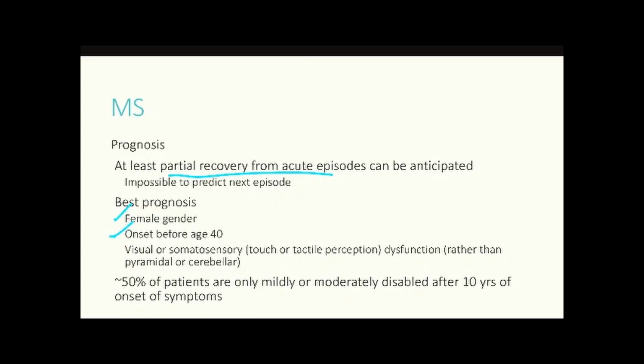And if the problems are more visual and somatosensory, like double vision, numbness when they walk, those are sensory problems, rather than pyramidal or cerebellar, so rather than motor. And 50% of patients mildly or moderately disabled after 10 years of symptoms.